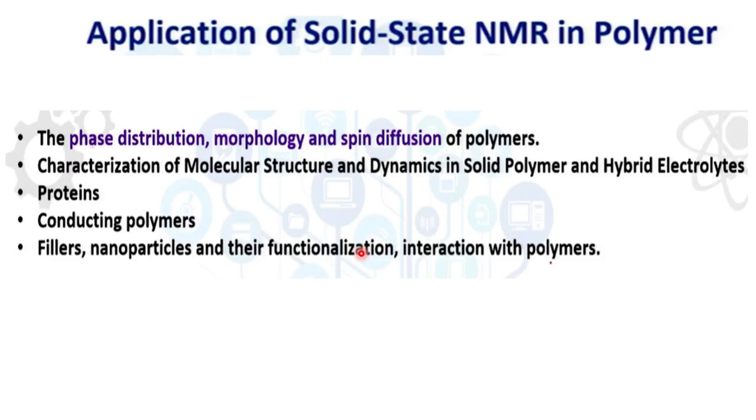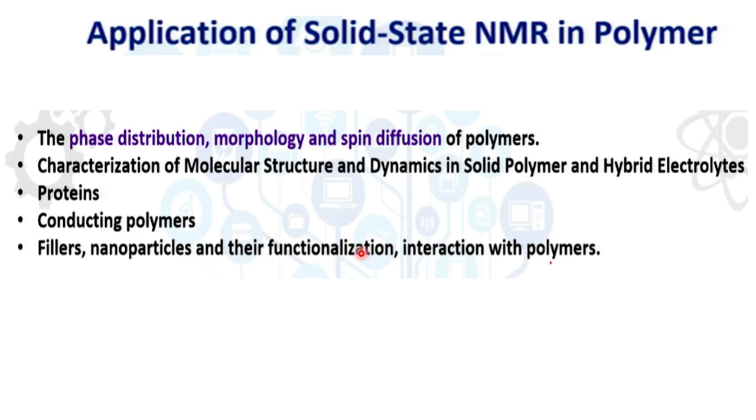So what are other different applications of solid state NMR? To check the phase distribution, morphology, and spin diffusion of different polymers, we can go for the solid state NMR study, and also for characterization of molecular structure and dynamics in solid polymers, and also hybrid electrolytes.